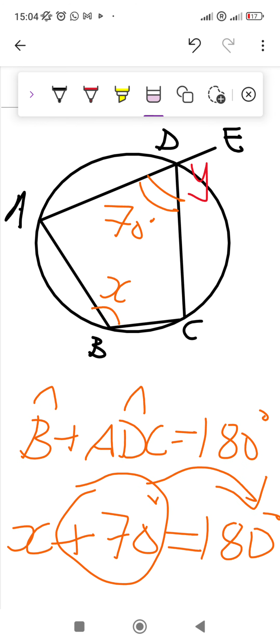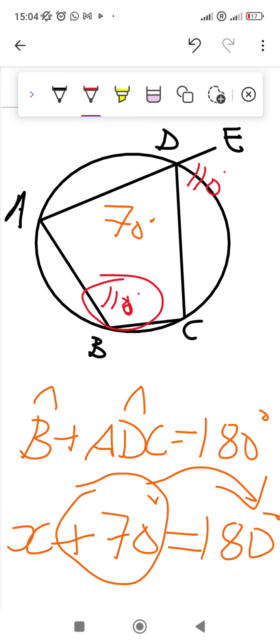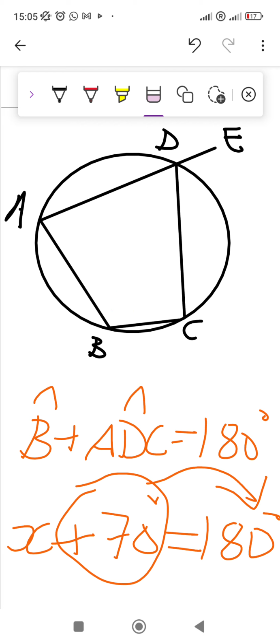So let's look back at this quickly. Let's clear some of these things. So we said this Y, we figured out that that was 110 degrees. We also figured out that this X was 110 degrees. So the thing that we are supposed to notice is that these are the same thing. Great. Right, so what is our new theorem? Our new theorem tells us that this angle over here, angle B, is equal to the exterior angle of your cyclic quad.